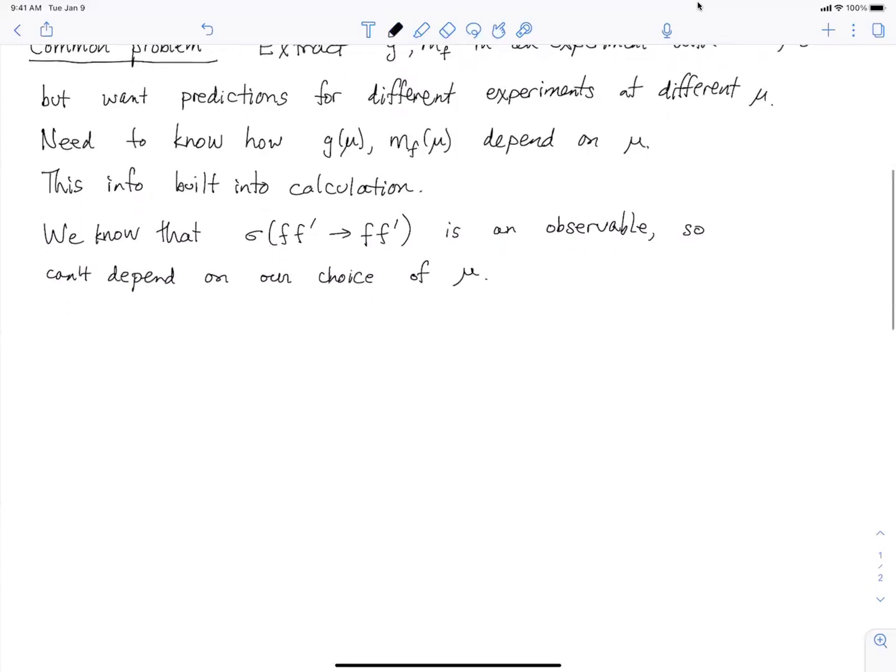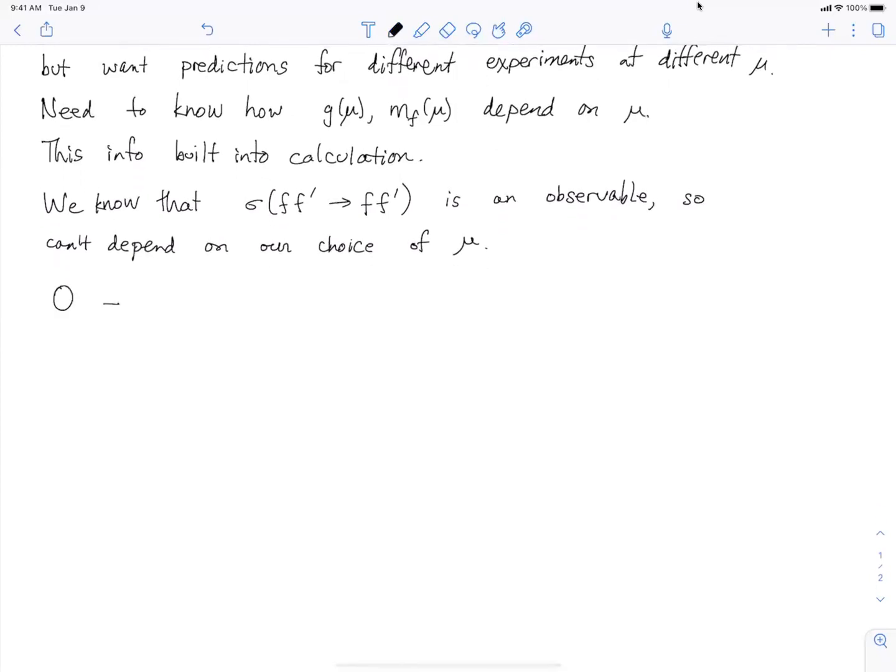So let's write down mathematically what that means. That means 0 equals the derivative with respect to mu of the cross-section that we calculated. If you work it out, or if you remember what we wrote down last time, it was the tree value times a correction. The correction involved 4 powers of the coupling, so it was something like 4 over g dg by d mu. What we're doing here is using the product rule. So it was proportional to 4 powers of the coupling, but then there was a correction part that looked like this.